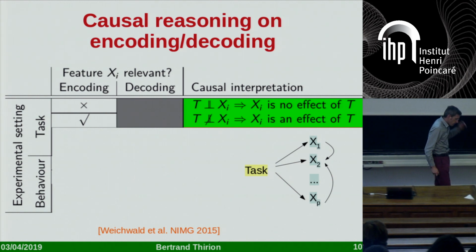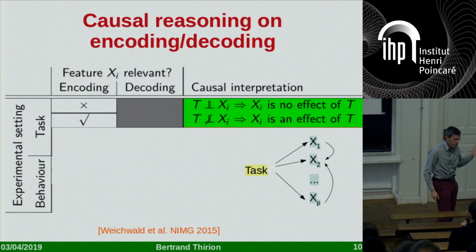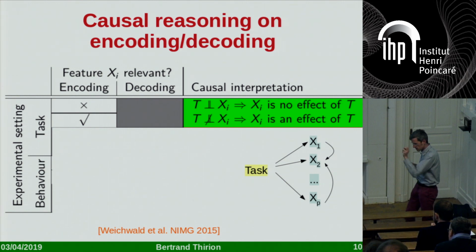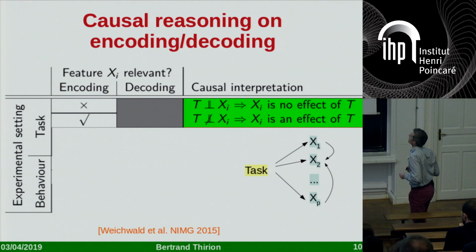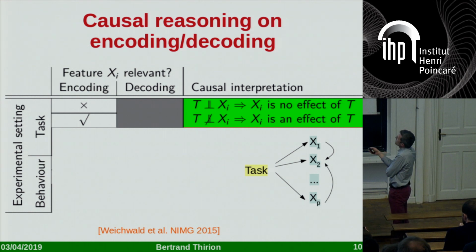And now we can start thinking a bit more about what this kind of inference will tell us on the link between brain regions and the task that you propose to the subject. So assume for the moment that you are just in a task setting. The task is here. It may have influence on different brain locations, and also brain locations exchange information. So assume that you do the encoding analysis.